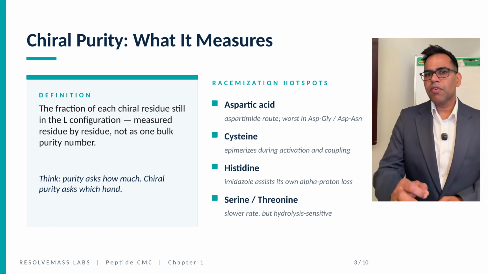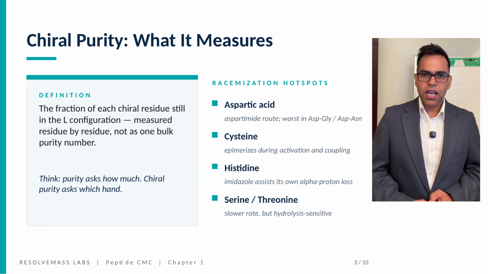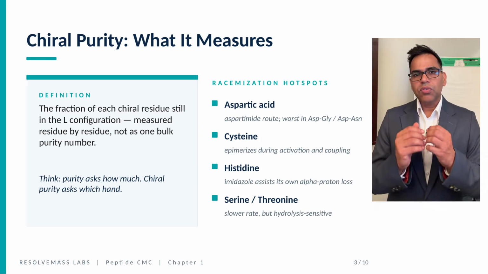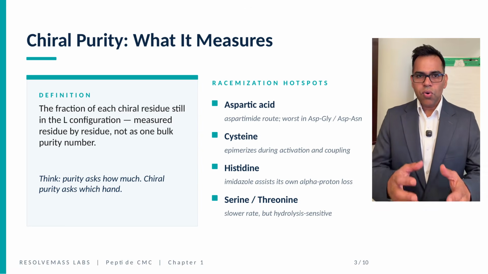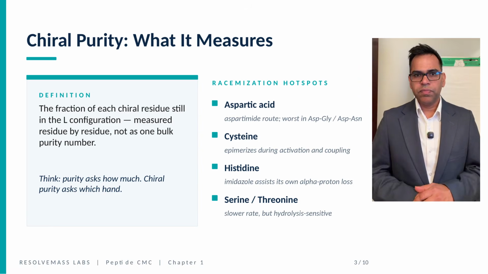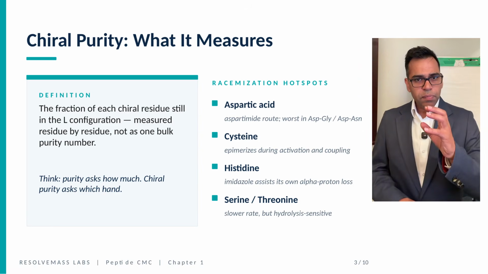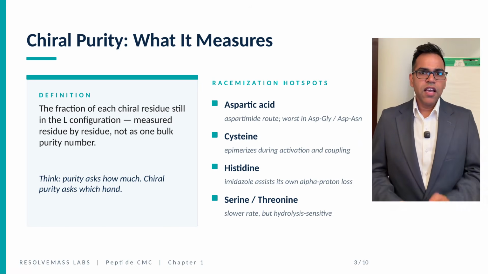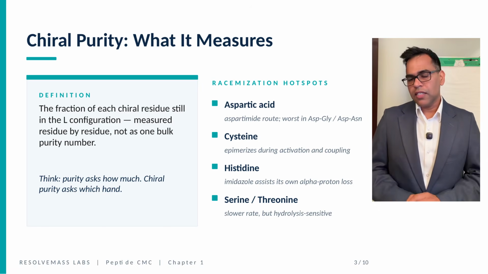The answer is never a perfect 100%, and it doesn't need to be. What matters is that you know the number, control it, and hold it batch to batch. The hotspots are predictable: aspartic acid, cysteine, histidine, and to a lesser degree, serine.